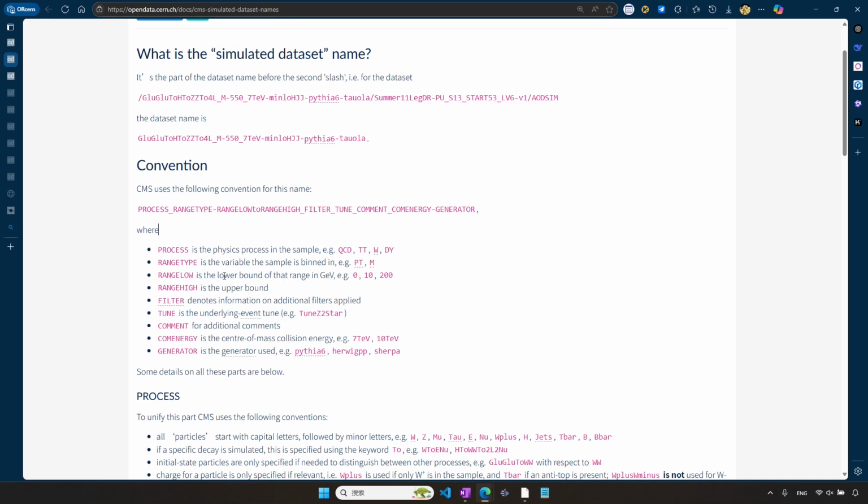Range type means the variable the sample is binned in, such as the particle's transverse momentum or the particle's mass. Range low, range high is a range in energy. The GeV is an energy unit.